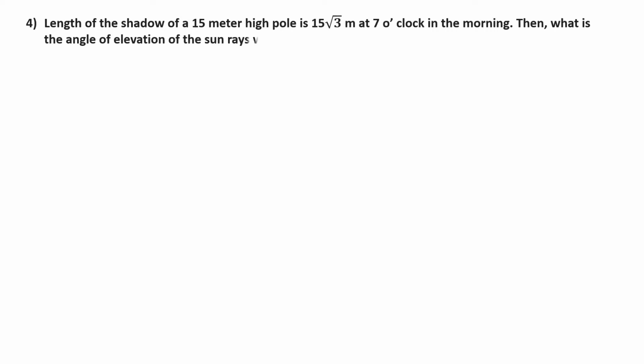Next, fourth question. The length of the shadow of a 15-meter high pole is 15 root 3 meters at 7 o'clock in the morning. Then what is the angle of elevation of the sun rays with the ground at that time?